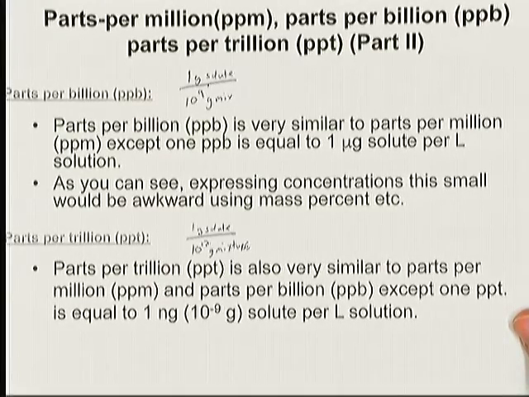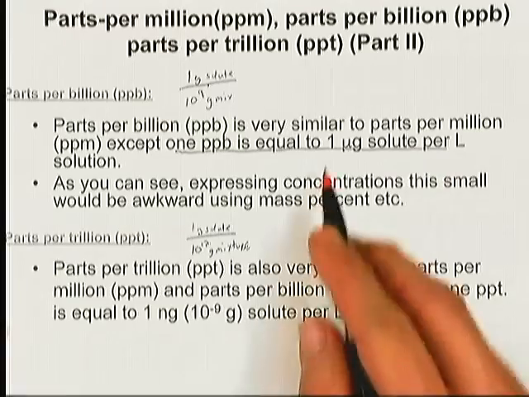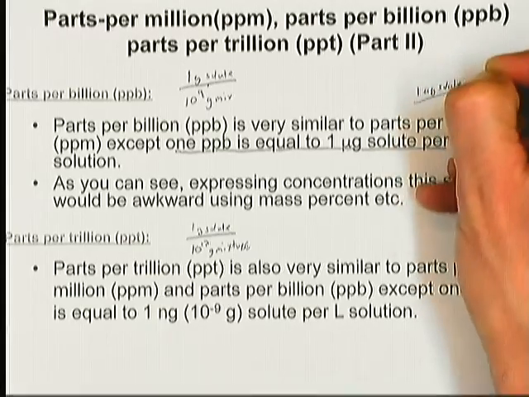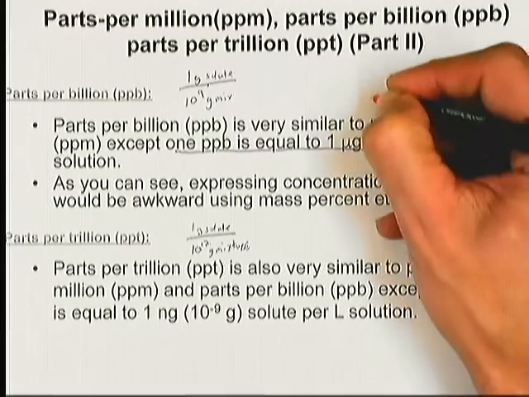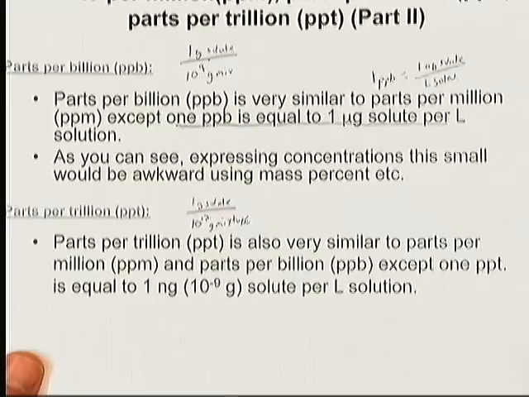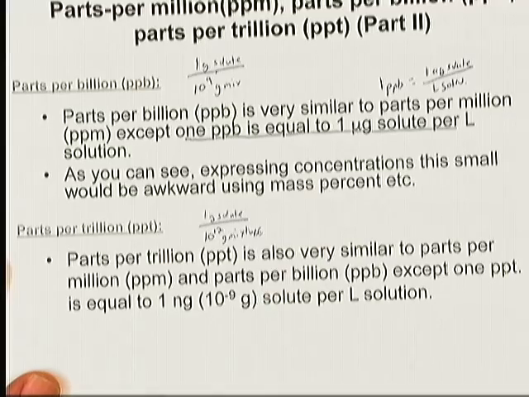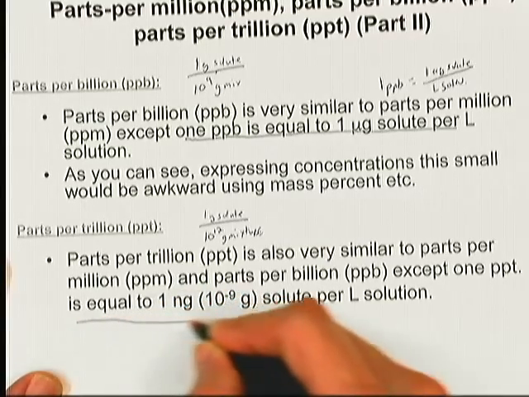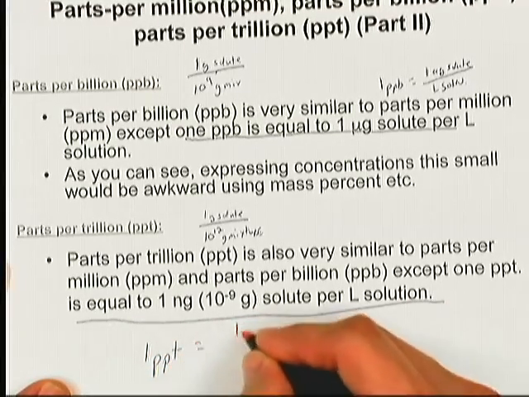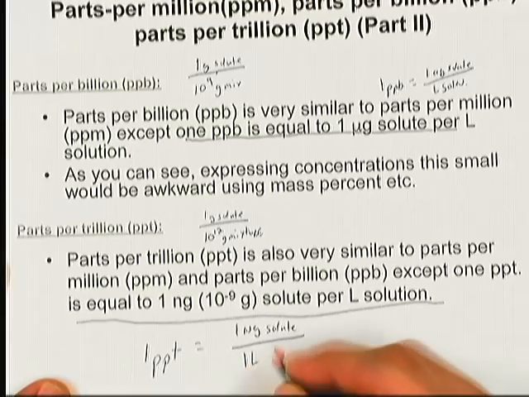If we're considering dilute aqueous solutions, 1 part per billion is equal to 1 microgram of solute per liter of solution. And again, this is only if we're dealing with dilute aqueous solutions. And then lastly, in the parts per trillion case, since this is 1,000 times smaller than this one, we can write that 1 ppt is equal to 1 nanogram of solute in 1 liter of solution.